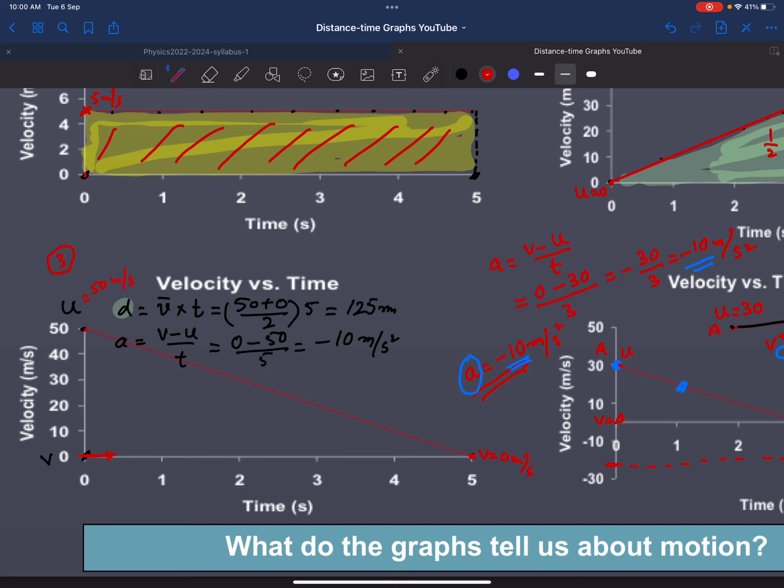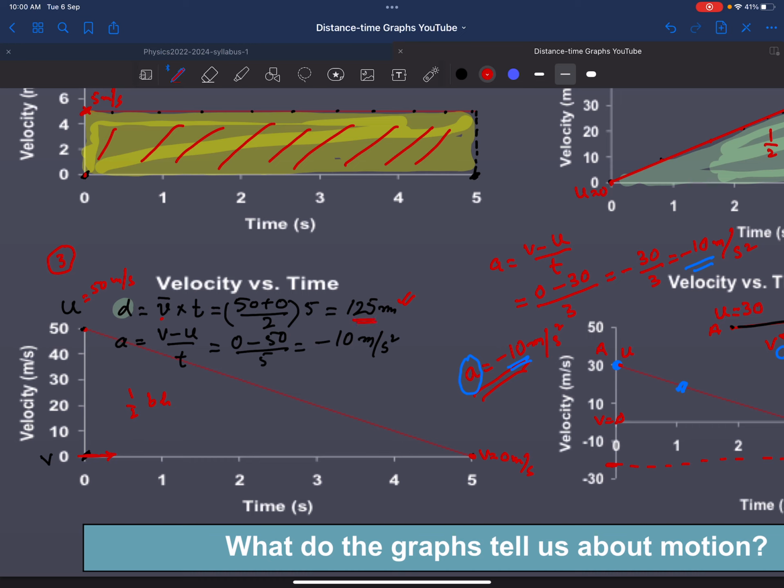As far as the area is concerned, again we have the same situation, the average velocity you can take as 50 plus 0 divided by 2, or the area under the curve you can consider as half into b into h. So this is how you are getting the displacement.